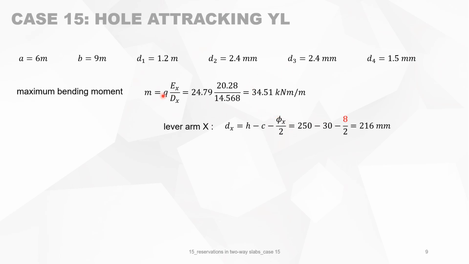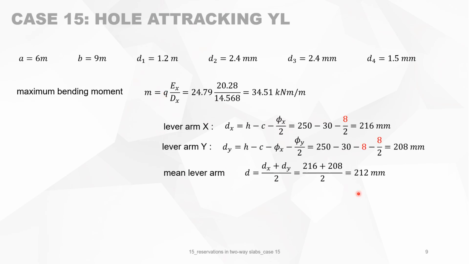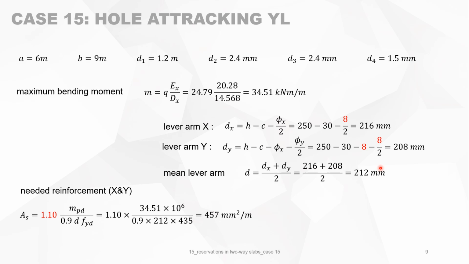We will convert that into reinforcement. So we calculate the mean lever arm, which is 212 millimeters. Calculate the needed reinforcement. It's 457 square millimeters per meter. So this is diameter 10 every 110 millimeters. This is too small as a grid.